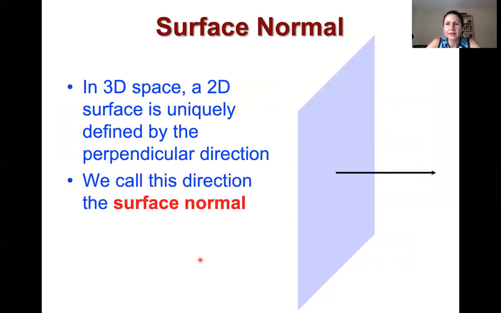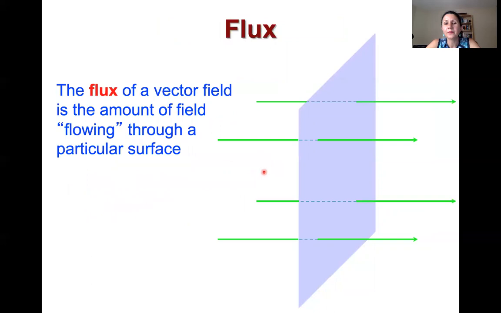So to mathematically describe this, an important variable to introduce here is what is known as the surface normal. It's a vector that points perpendicular to your surface. Because what's going to matter is not only how many field lines are going through your area, but also the relative orientation of your area to this magnetic field.